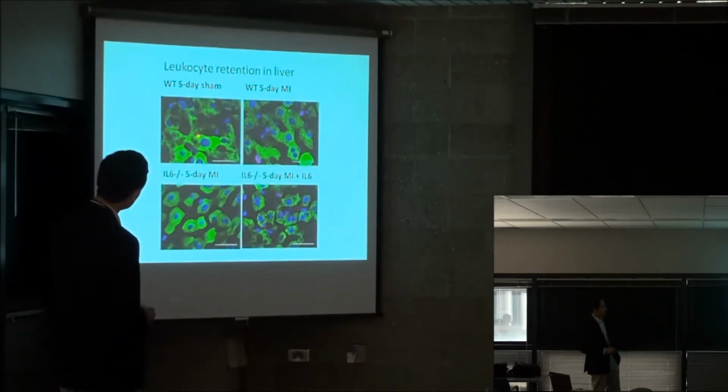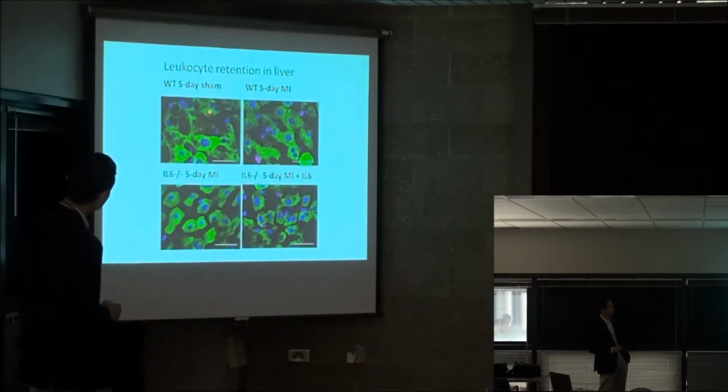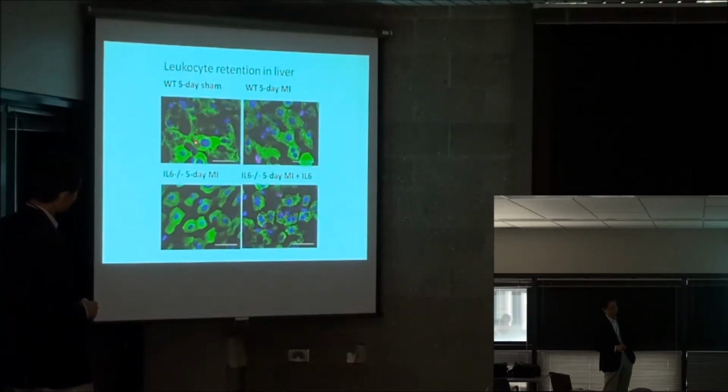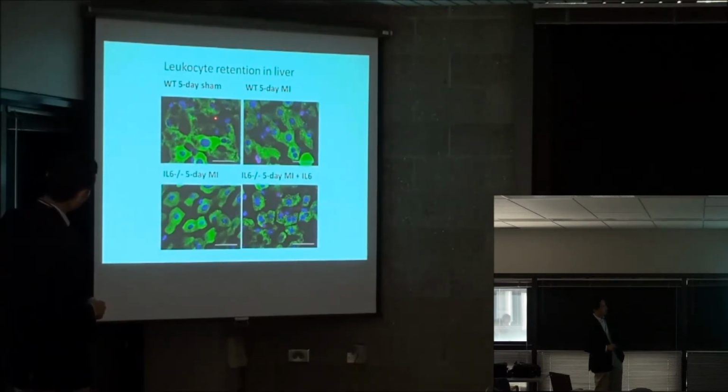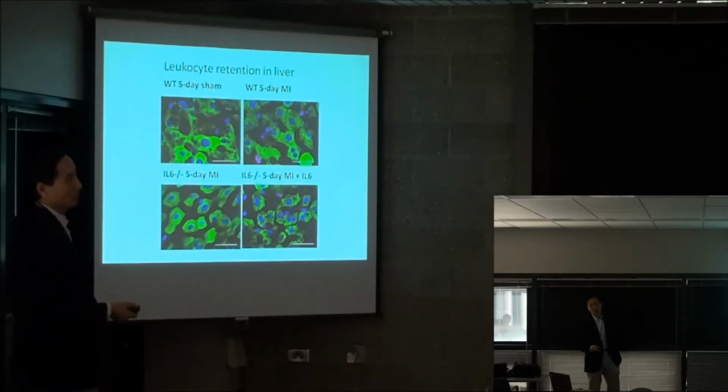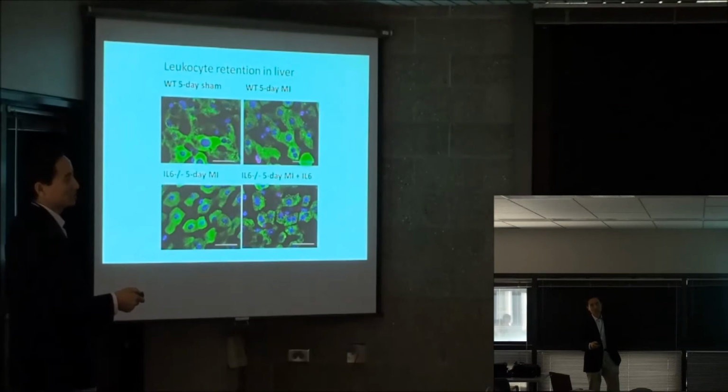So in healthy animals, this is a liver specimen. The green color is the yellow fluorescent protein because only hepatocytes or liver cells express this protein. And the blue dots are cell nuclei. You can see in a healthy animal, or here a sham-operated animal, meaning you cut open the chest wall and manipulate the coronary artery on the heart, but you do not induce occlusion of the coronary artery.